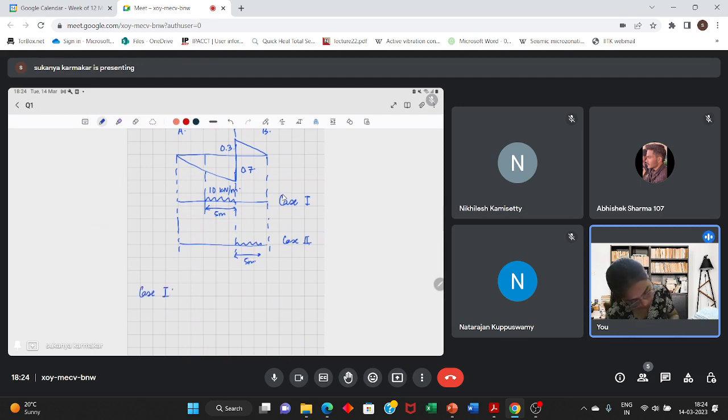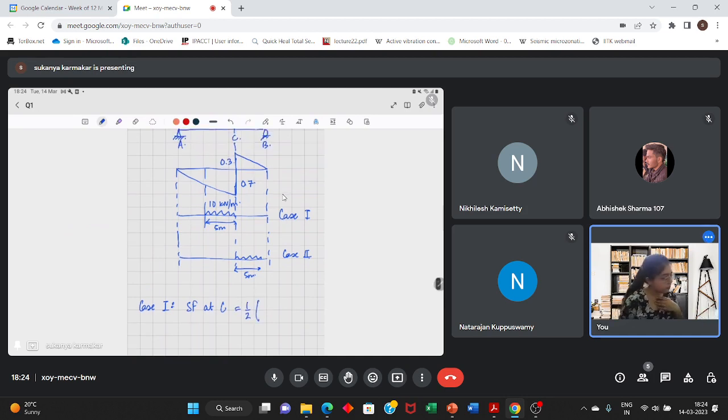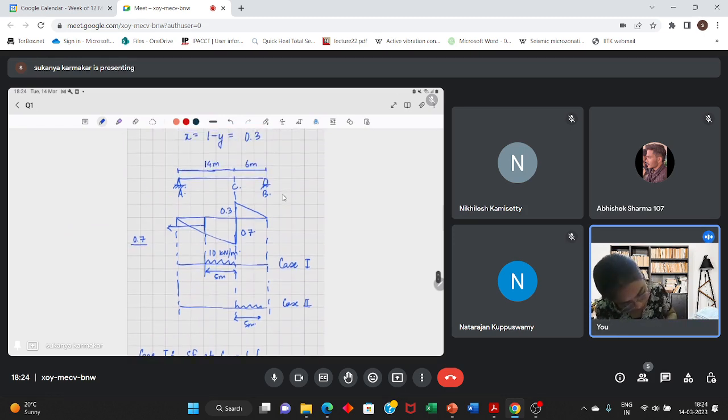So from case 1, shear force at C will be equal to half into this side 0.7. We'll have to calculate this. So how much is this height? This height is 0.7 and the base being 14. This height is x, and how much is this base? 14 minus 5.